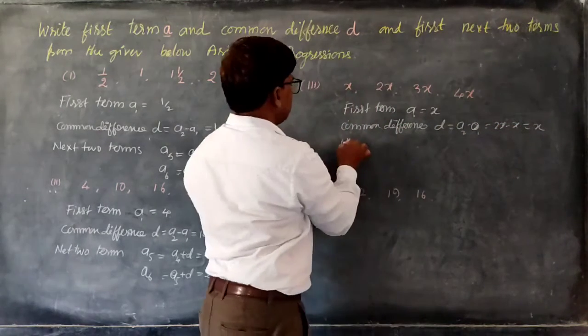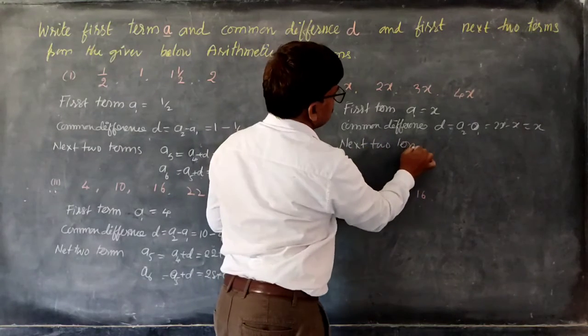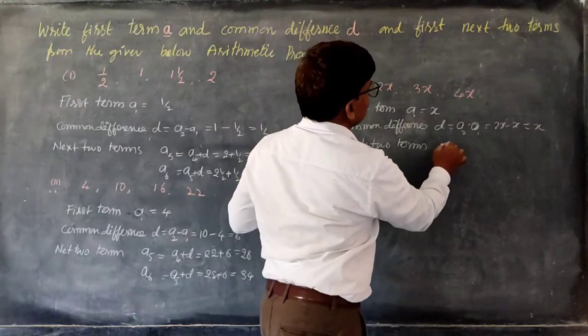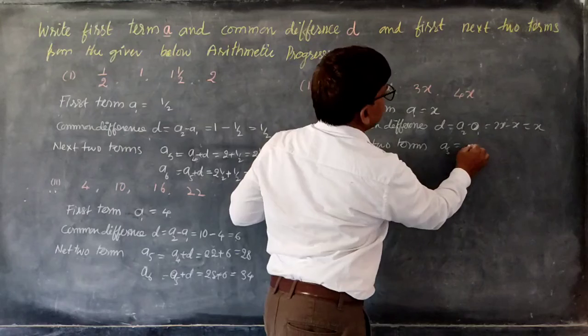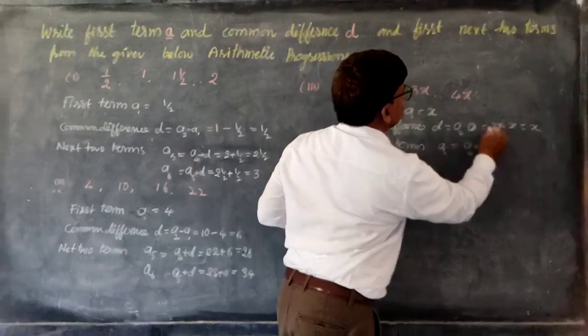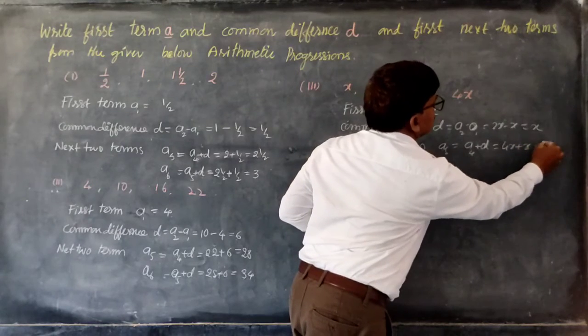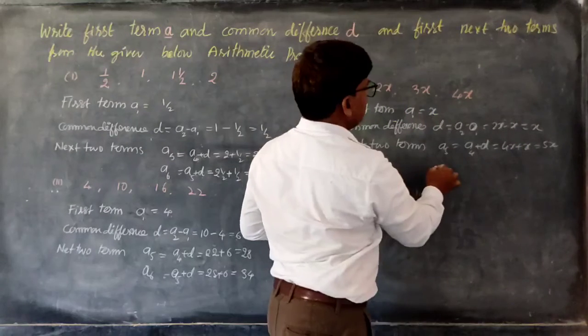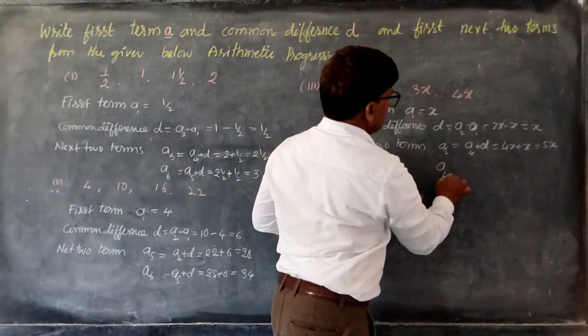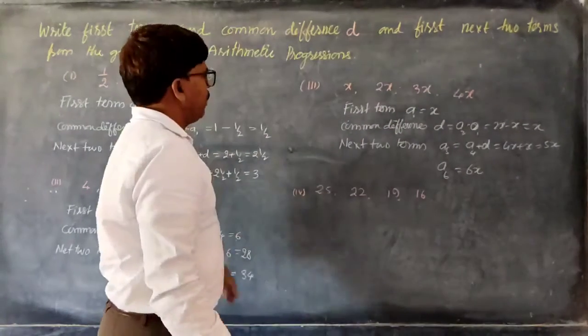So the next two terms: A5 is equal to the fourth term plus the common difference D. The fourth term is 4x and D is x, so this is 5x. Similarly, the sixth term is 6x. Now see this, okay.